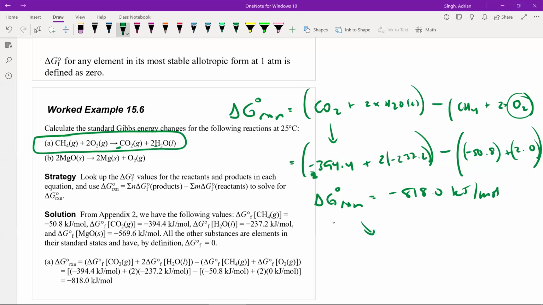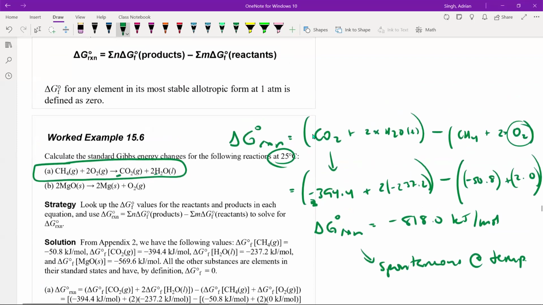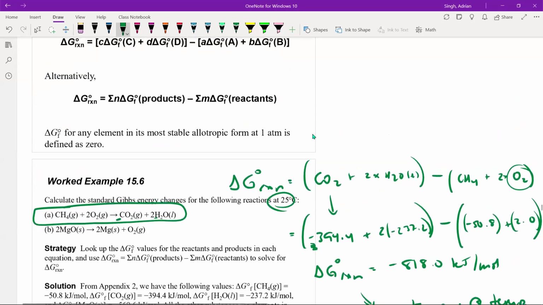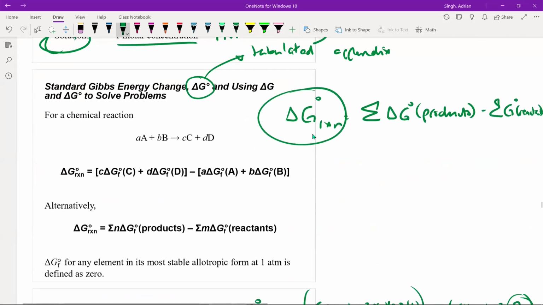Negative delta G value means that this is going to be spontaneous at that temperature, which I think is 25 degrees. So we can determine the delta G standard for a reaction by looking up the delta G of formation of the products and the reactants and substituting them. The F here means formation, by the way. We can look these up in the appendix and substitute them in.